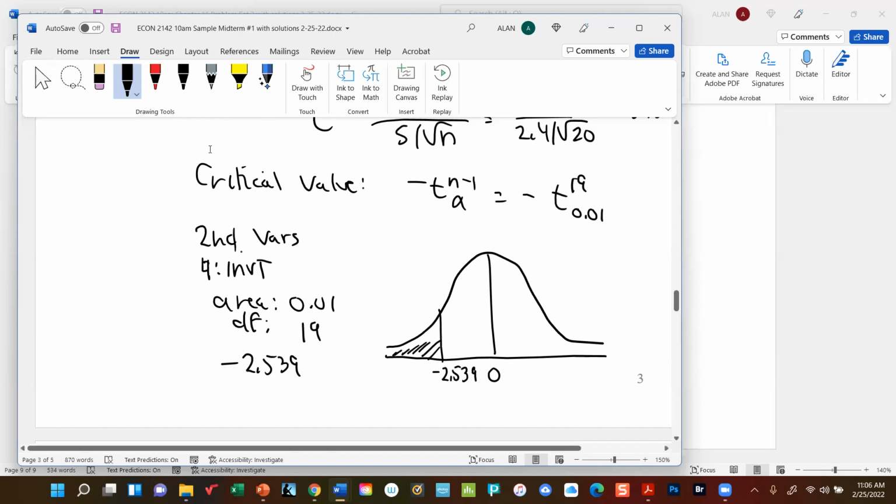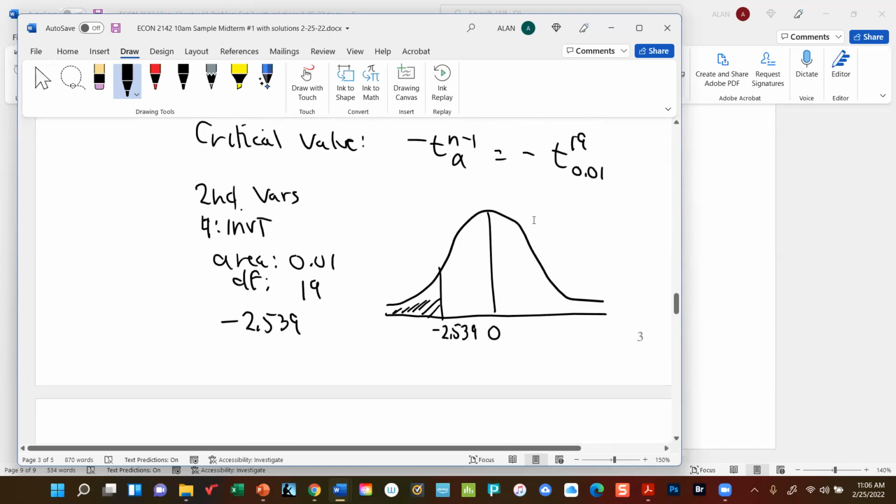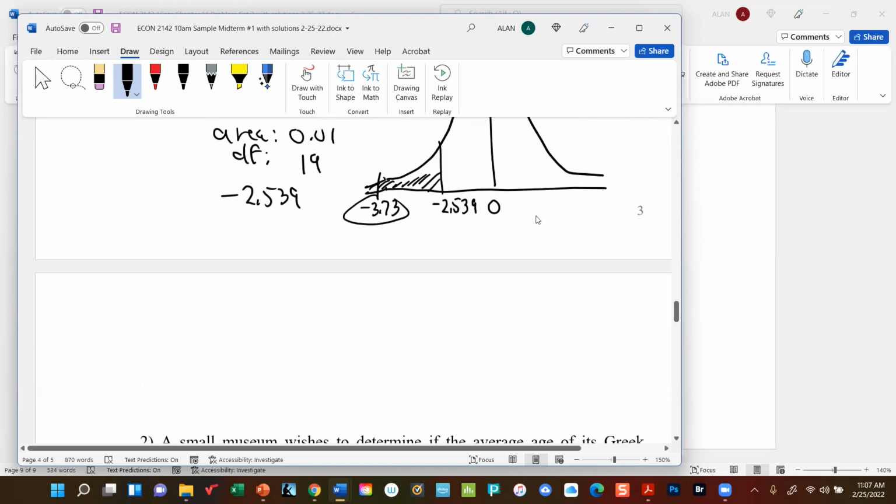Unfortunately, the test statistic is negative 3.73. So therefore, we reject the null. And that's bad news, isn't it?